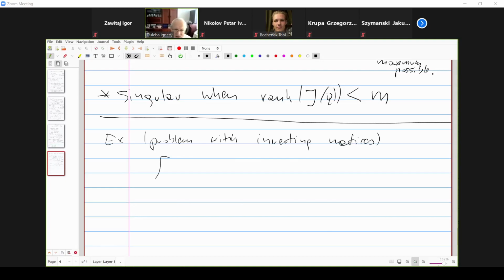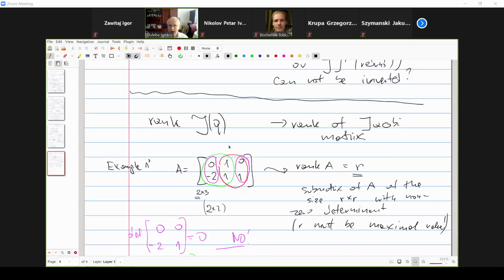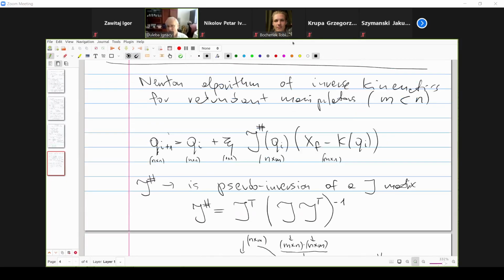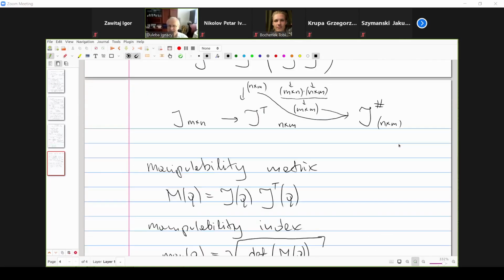Let's make the simplest possible matrix, the matrix 1 by 1. And if we want to invert this matrix, as you can see, it could be infinity, plus or minus. So we will encounter numerical problems if we try to apply directly this algorithm or the previous one.